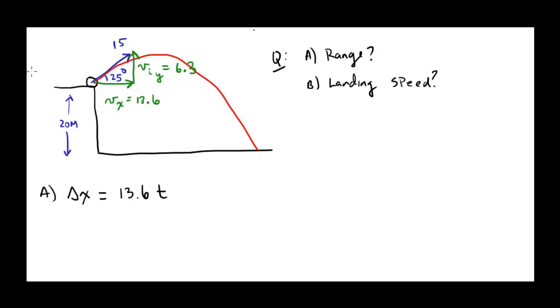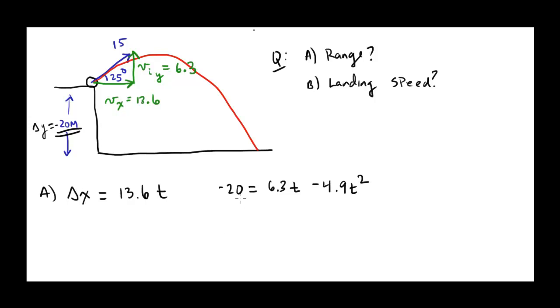How do I find t? From the delta y. So how do I use the delta y equation? This is going to be a little trickier because my delta y is not 0. My delta y is negative 20. So now I say negative 20 equals 6.3 t minus 4.9 t squared.